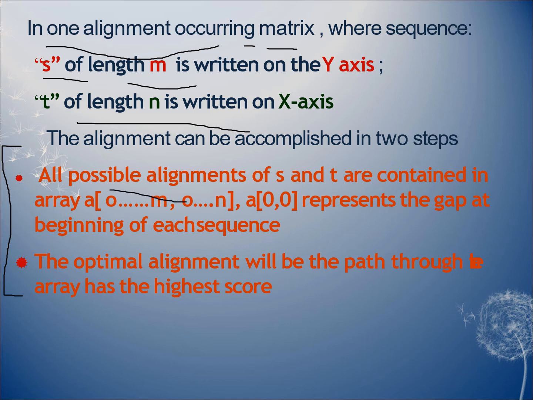All possible alignments of S and T are contained in the array, where A00 represents a gap at the beginning of each sequence. Also, the optimal alignment will be the path through the array that has the highest score. These are basic informative terms, so you can just give it a read if you want.